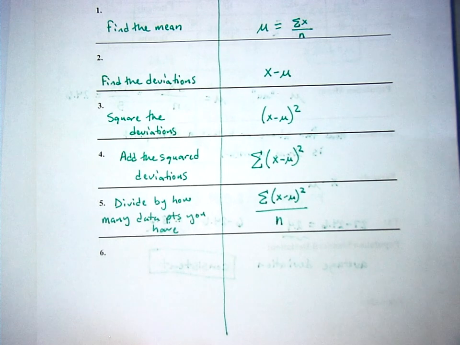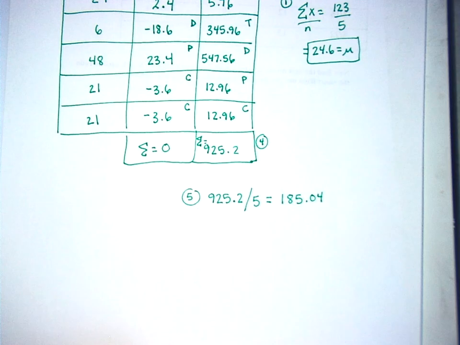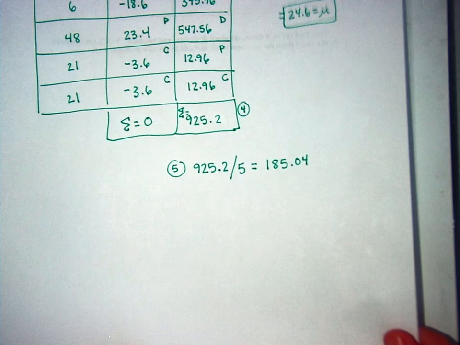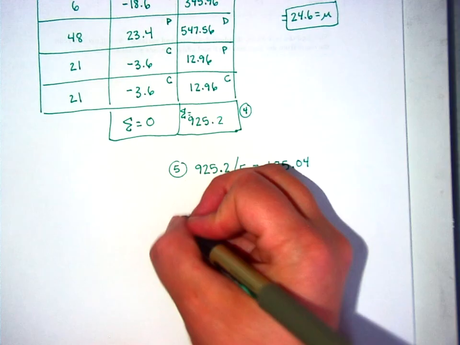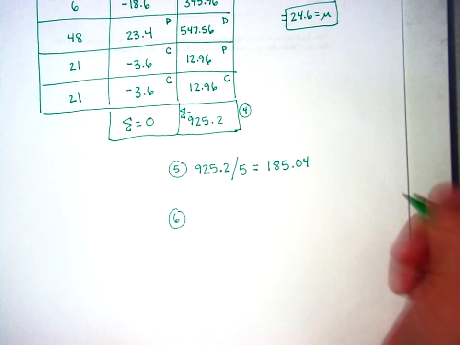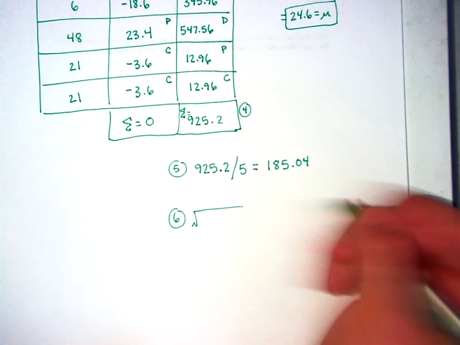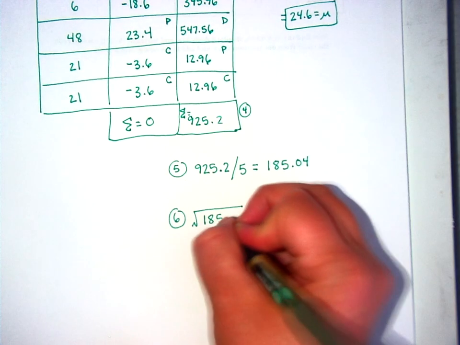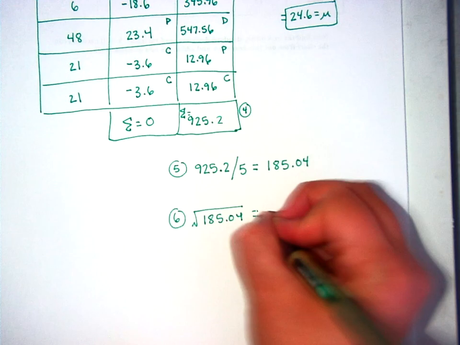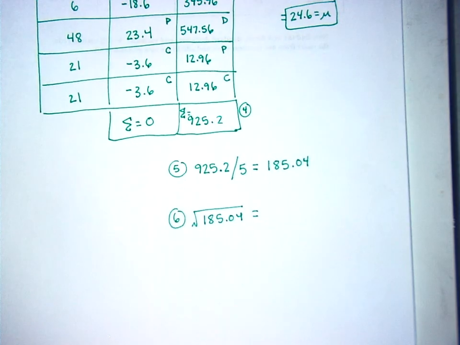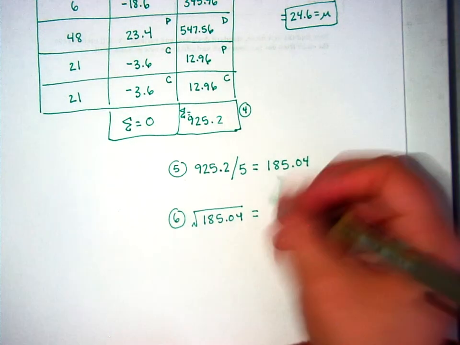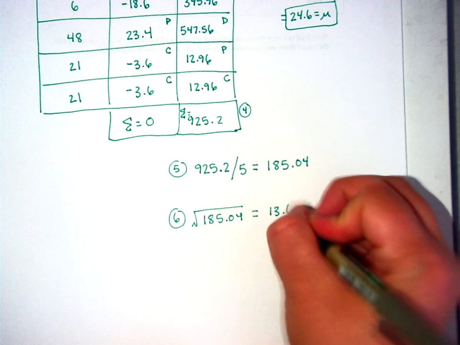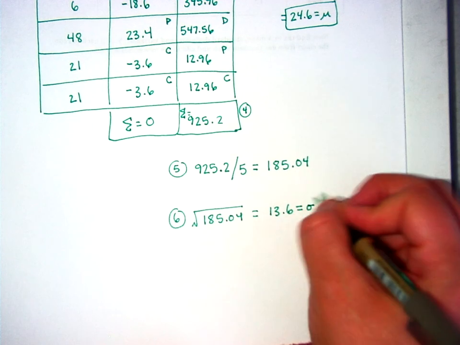All right, now Trey, what did you say to me earlier? If we square it, then at the end we can do a square root and get rid of it. So the last step is taking a square root. 185.04, the square root of that, is 13.6. That's our standard deviation.